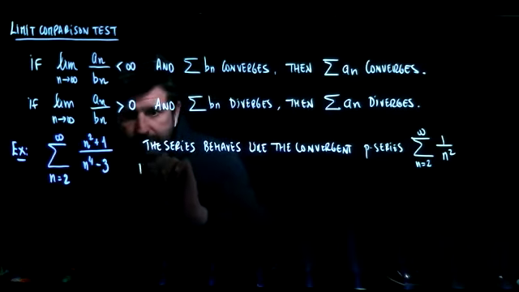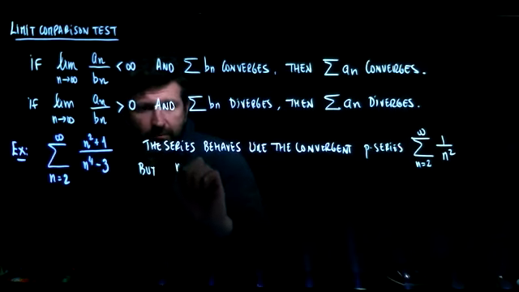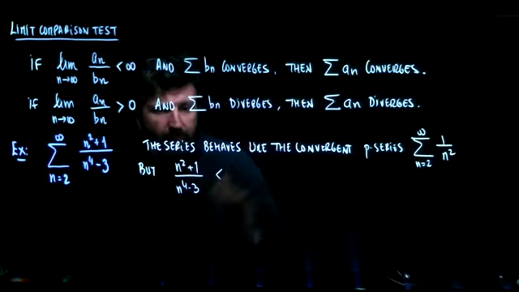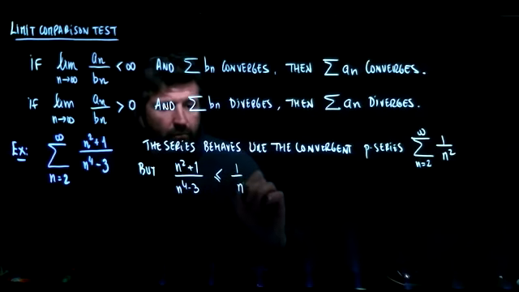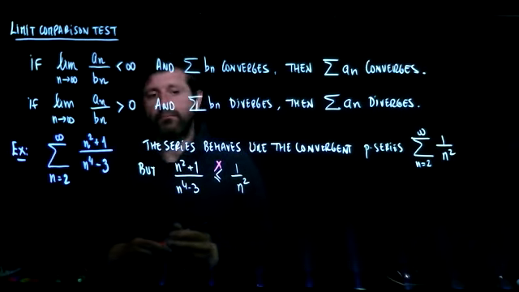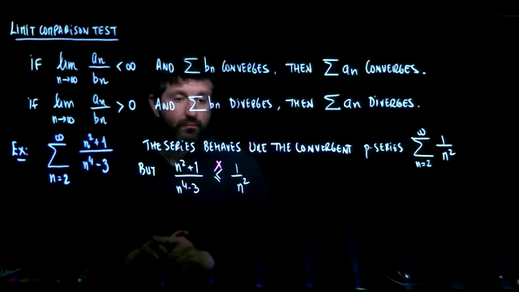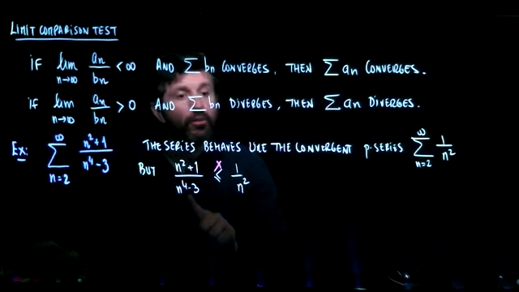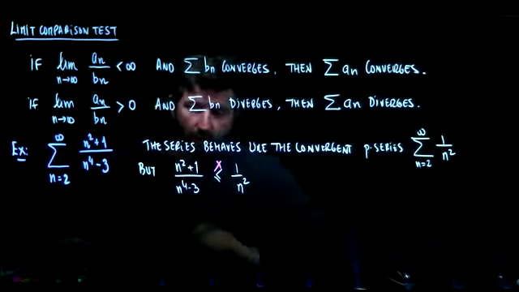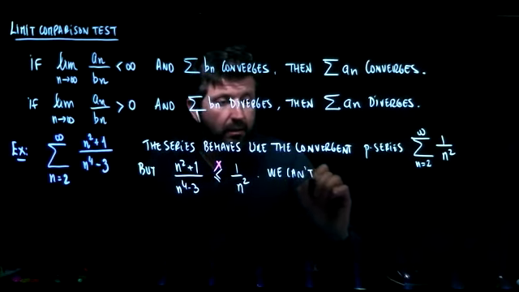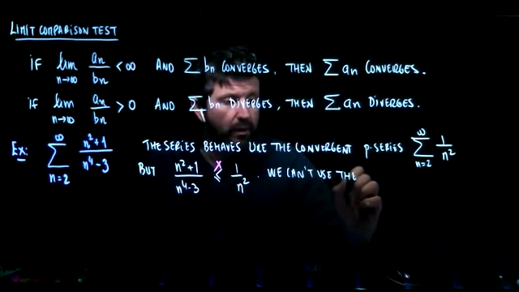But this term, n2 plus 1 over n4 minus 3, is not smaller. It's not true, right? The numerator is bigger here. The denominator is smaller here. This is bigger than this. Okay. We can't use the comparison test here.